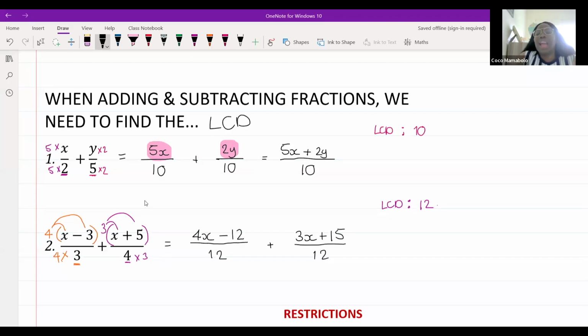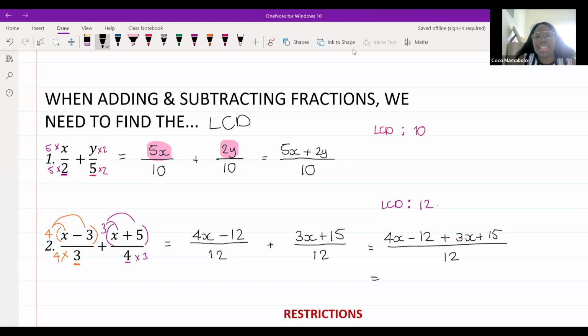All right, now that they both have the same denominator, we can write them all under the same denominator. So we're going to go equals 4x minus 12 plus 3x plus 15 over 12.